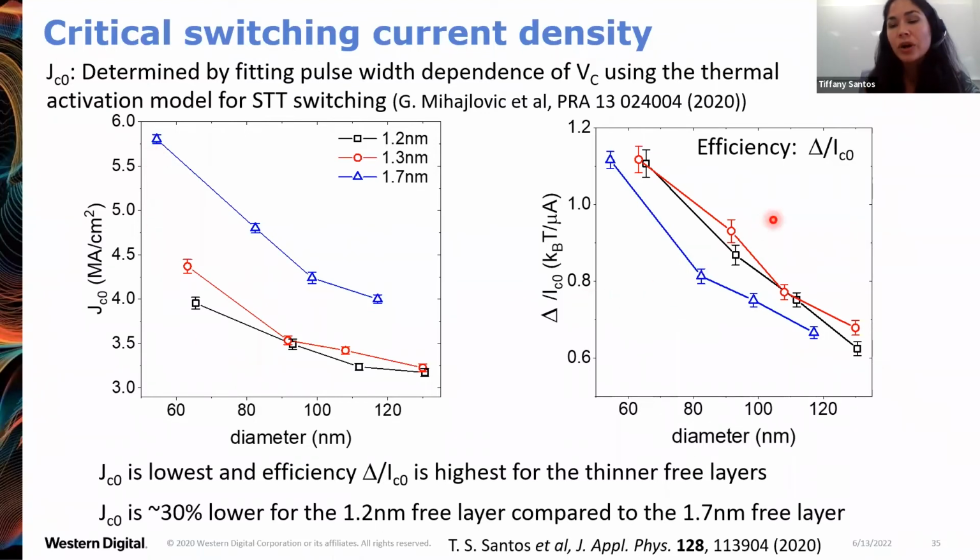And then spin transfer torque efficiency, a common figure of merit used for studying MRAM, is defined as the thermal stability factor delta over critical current. We see that the thin free layers have the highest efficiency because they have the lowest switching current density, yet maintaining high thermal stability.